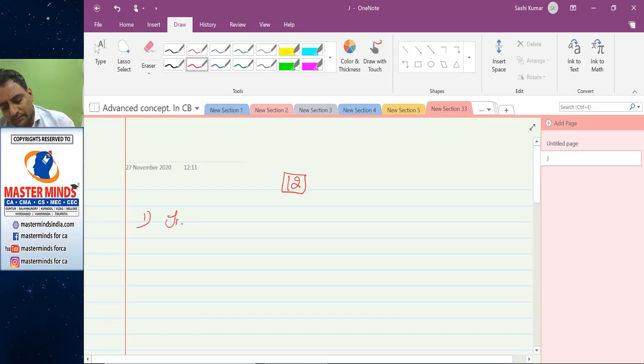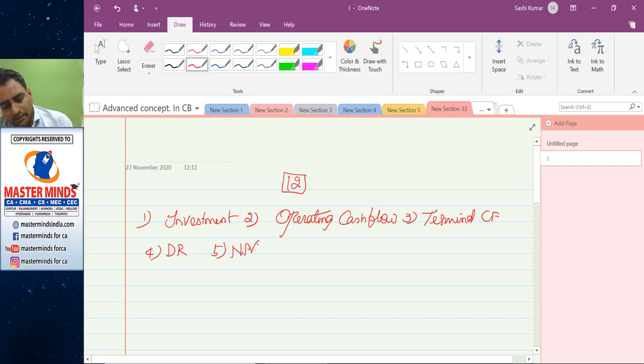First one, what is the required investment? Second part, operating cash flows. Third one, terminal cash flow. Fourth one, discounting rate, and finally NPV.